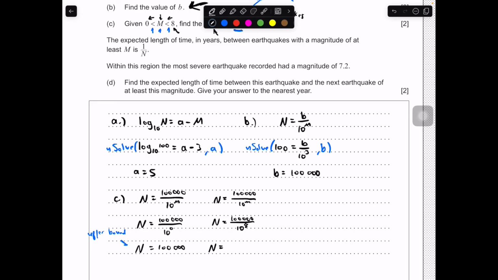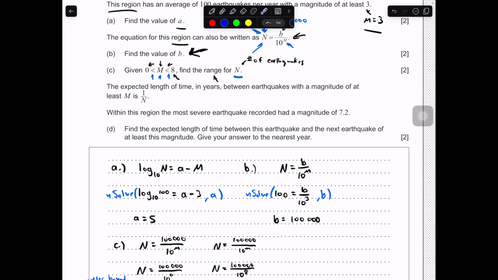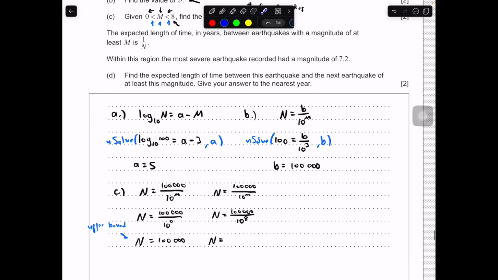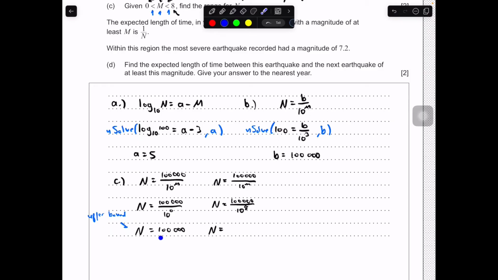Once again, we have this equation which gives us the number of earthquakes: 100,000 divided by 10 to the power of the strength of the earthquakes. If we have strength between 0 and 8, what is the total range of the number of earthquakes that we could possibly have? If we put in the lower bound of 0, super weak earthquakes, we could have up to 100,000 in this certain region.